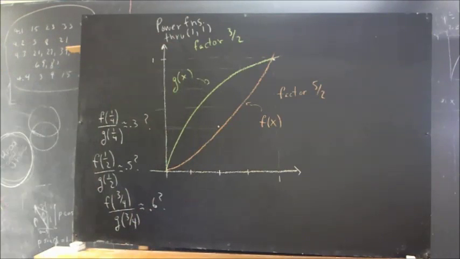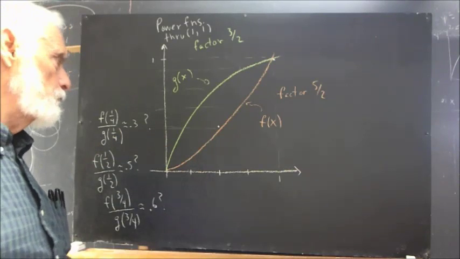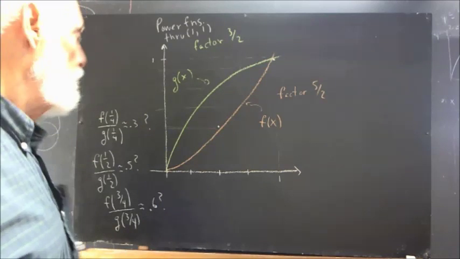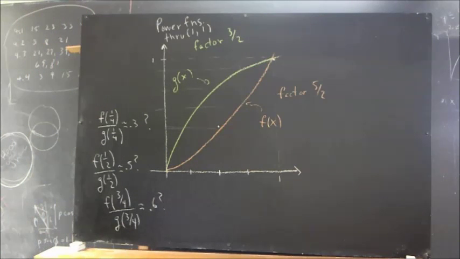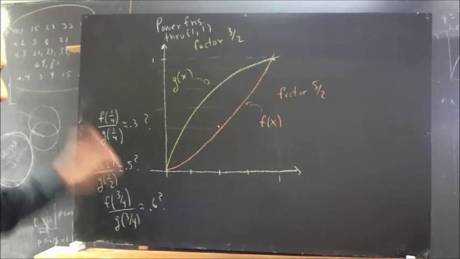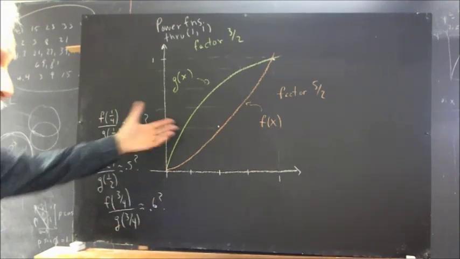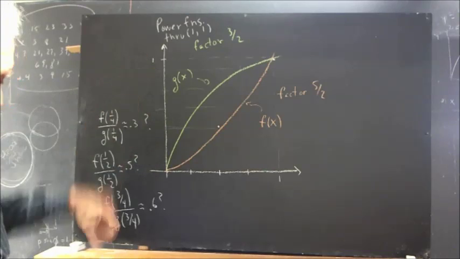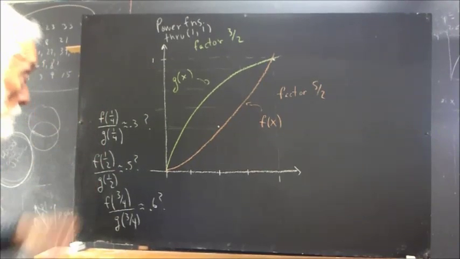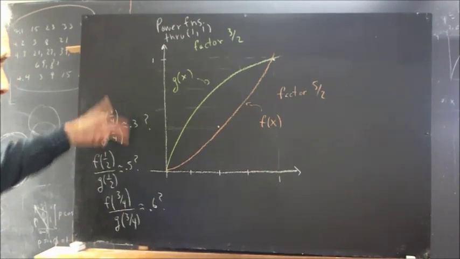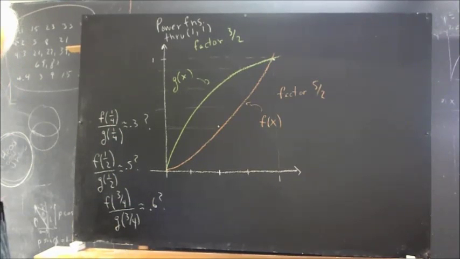Okay, I drew that very carelessly, pretty sloppily. And we really don't know that the g of x graph has quite the right shape anyway. But on your graph, you should come up with pretty good estimates, and you really ought to be able to estimate these ratios with reasonable precision. With a little care, you should be able to estimate them to the nearest tenth.